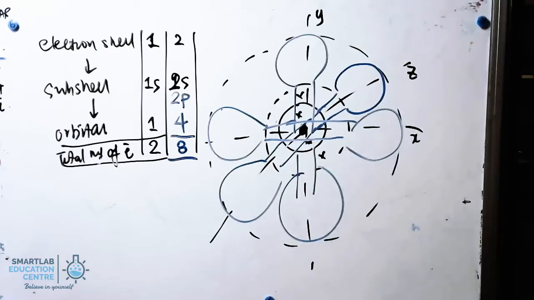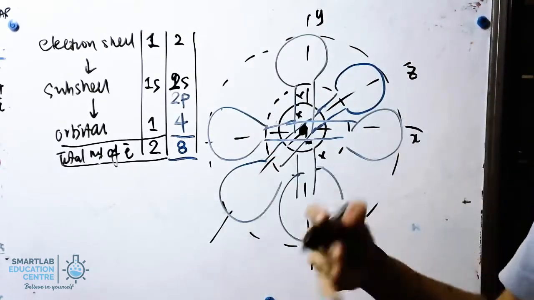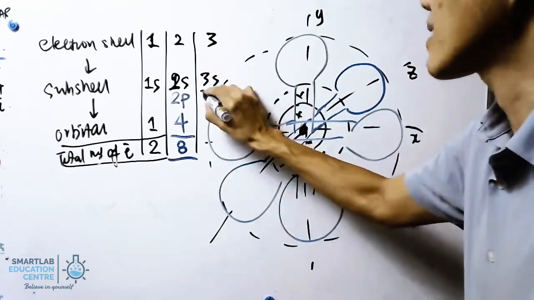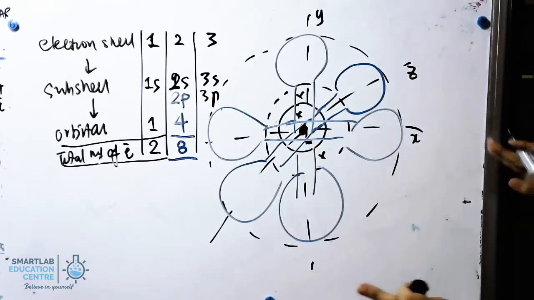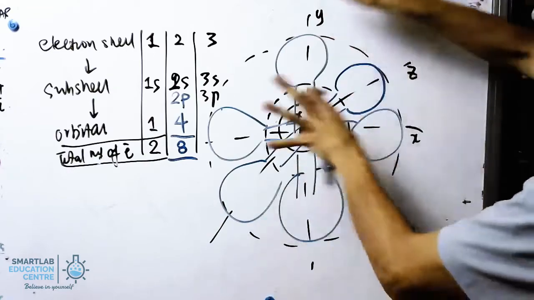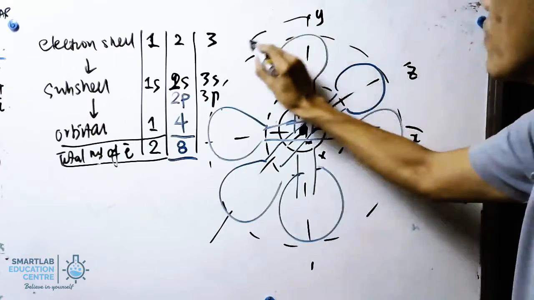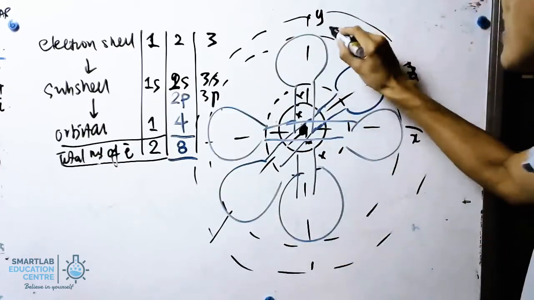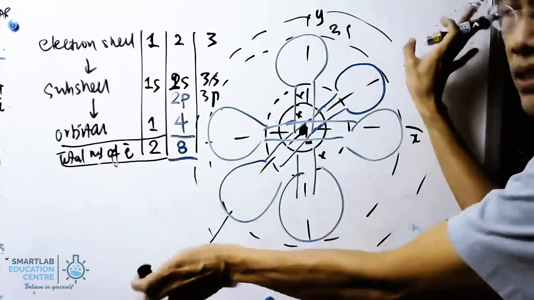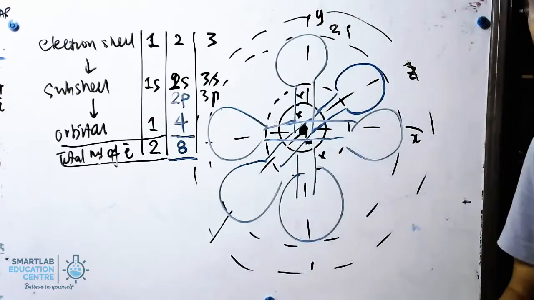Certainly, we're going to work on the third electron shell, which takes up almost the entire space. And the pattern will repeat. By now, you probably would have seen it. The third electron shell will definitely have a 3s and 3p. And without further drawing, you probably realize that because the space is much bigger, as you draw the dumbbell shape, there is still plenty of space, all right? So if you imagine this is your 3s, and then we have your 3p on each of the axes. But in between the p subshell itself, there will still be space within it.